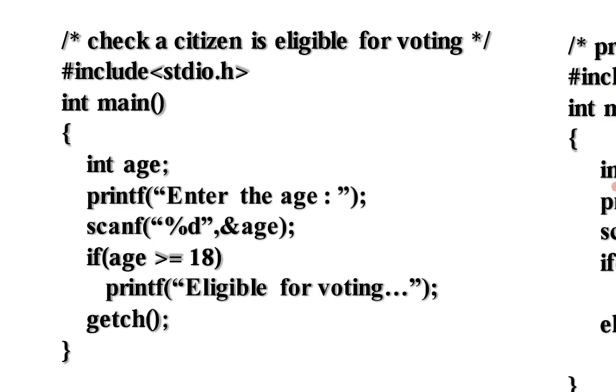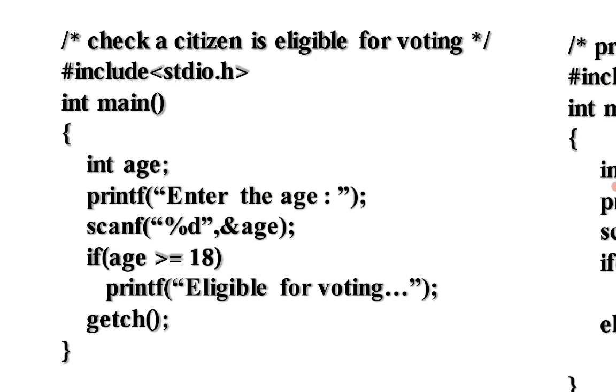We know that there are many types of header files used in C language. What is a header file? A header file simply contains a collection of similar types of functions. For example, stdio.h is a header file. It contains all the standard input output functions. As we already discussed in previous classes, scanf and printf are two basic input output functions used in C language.